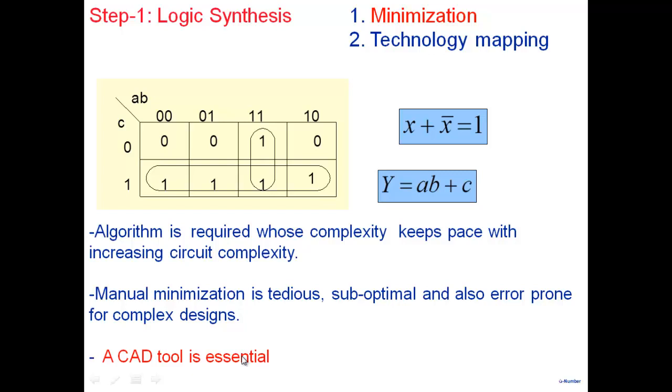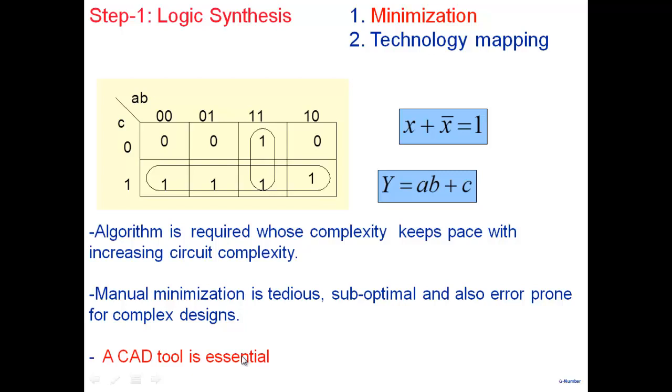But it's also important to know what is the algorithm behind that particular tool. How does that tool do the minimization? As engineers, we don't want to use things simply as a black box. Feed in and get the output, right? We want to understand how it does it. And if you understand something better, you can use it in a better fashion.